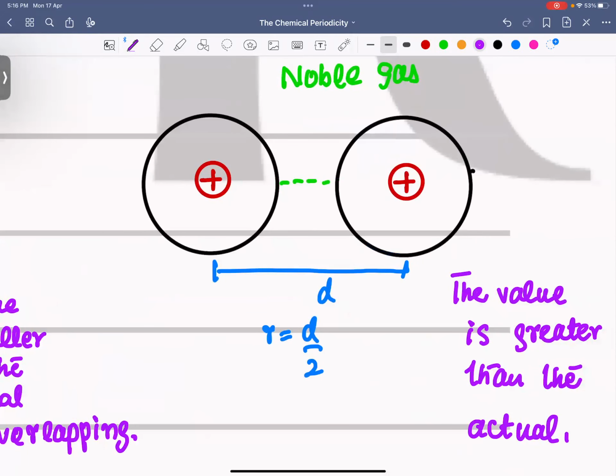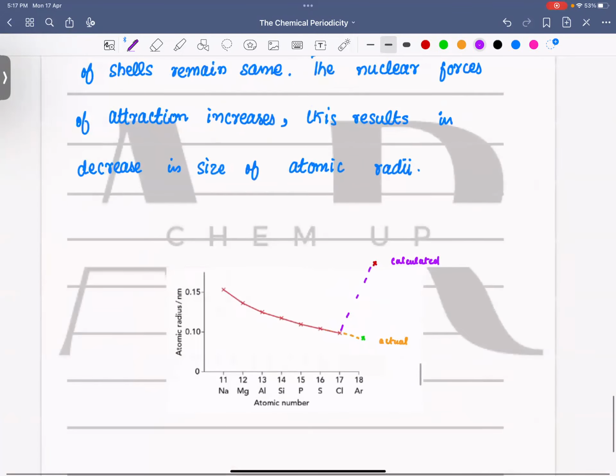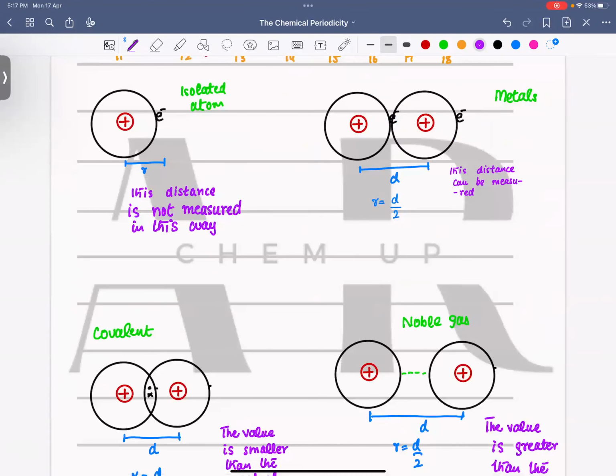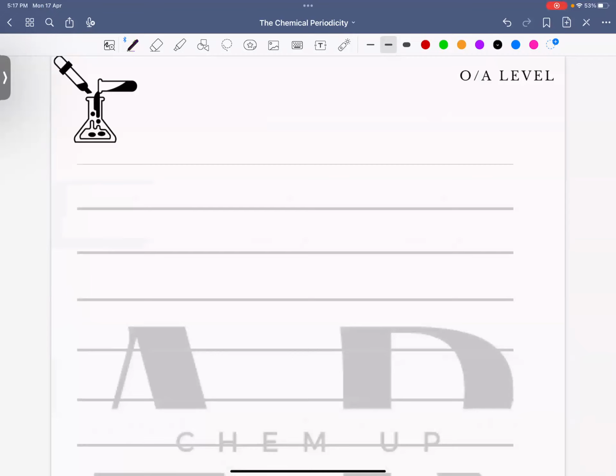Is this clear to everyone? Yes. If anyone has any confusion, ask. Atomic radii, I think, is clear. Okay. Now, next one.